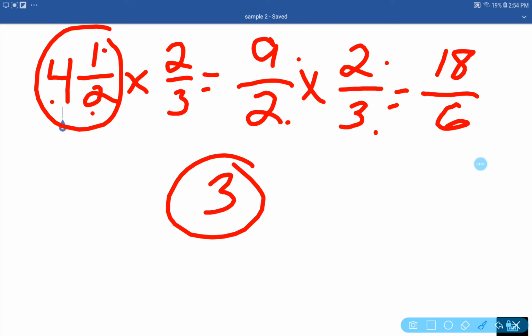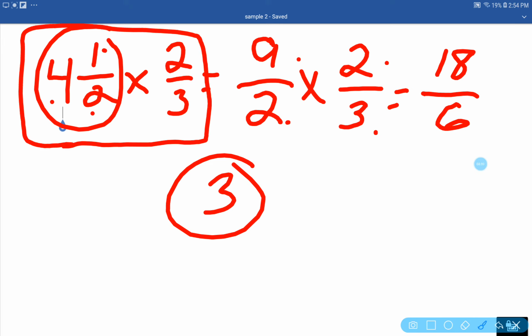If we had anything left over, then we would put that over the 6 as our remaining. But we didn't have anything remaining because 6 goes into 18 exactly 3 times. So 4 1/2, our original problem here, times 2/3 equals 3 exactly.